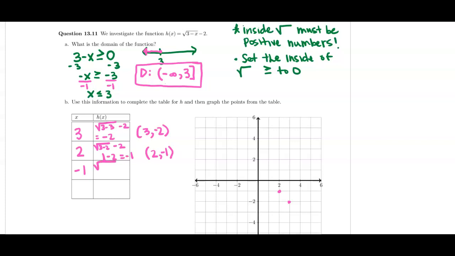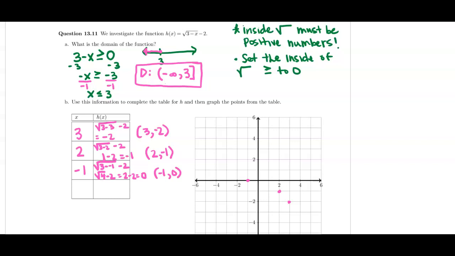So if I do the square root of 3 minus a negative 1, and then I'll subtract off 2. So remember I'm doing the square root of 4 minus 2, which gives me 2 minus 2, which gives me 0. So negative 1 comma 0. So over negative 1, 0 would be there. Okay, so I can see the shape of my graph coming.